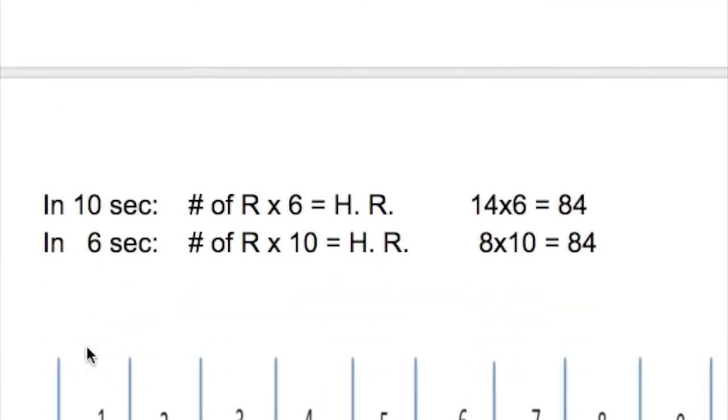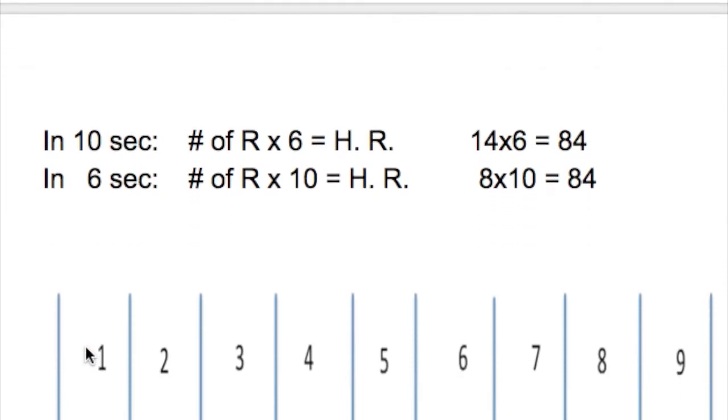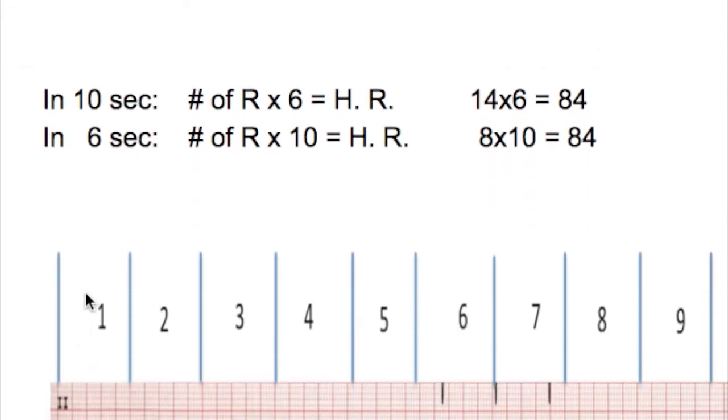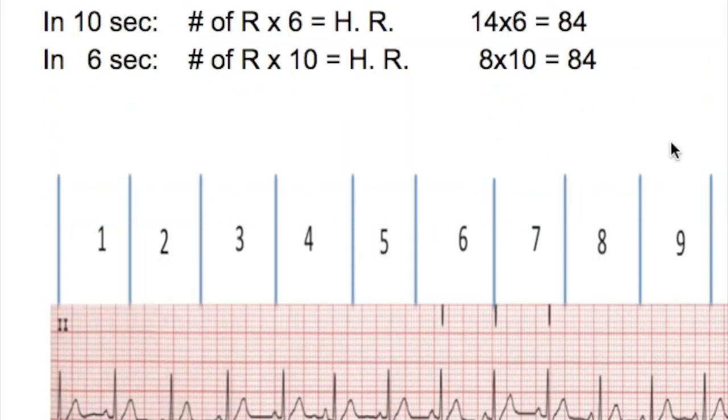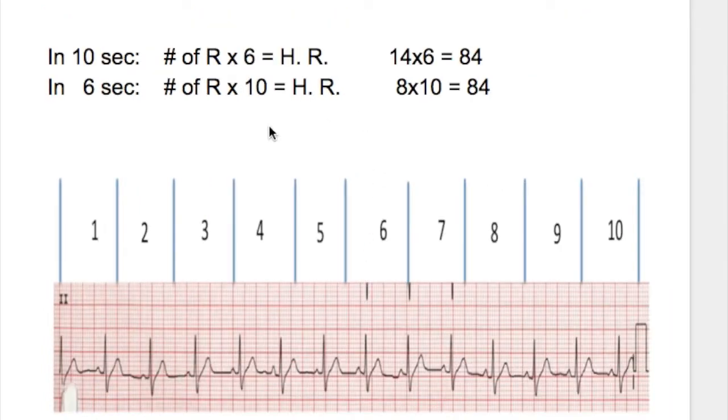So how do you calculate irregular heart rate? In irregular heart rate, you take a 10-second strip, which contains 10 big squares.